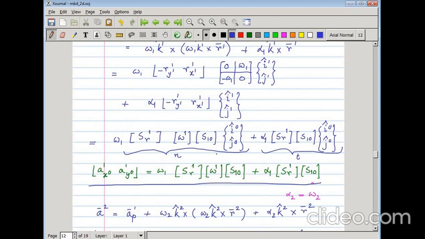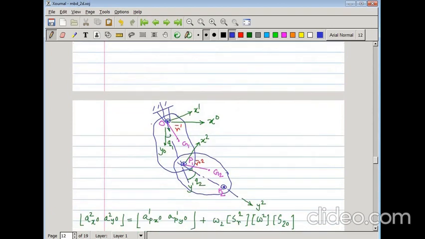Now this is the center of mass acceleration. Now what is the acceleration of this point P1? You know the vector from O to P1 is P1. So in place of R1 you would be simply using P1 to get the acceleration of this point.